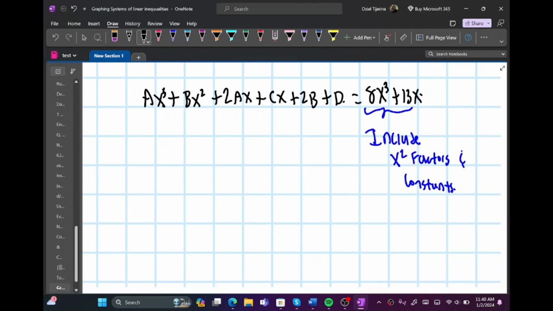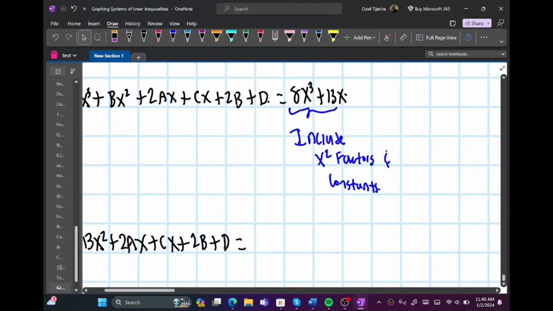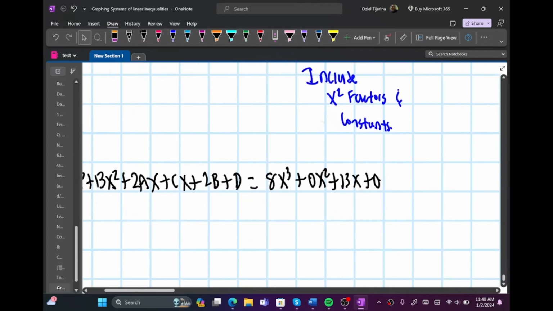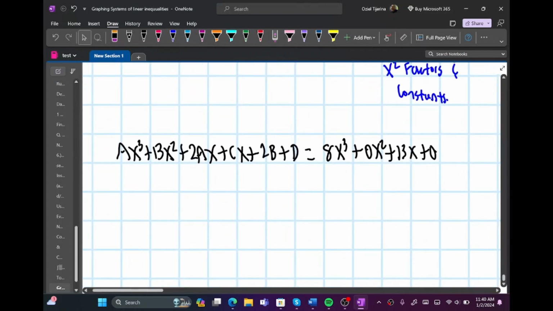Make sure you write it that way. So write this the following way. We have ax cubed plus bx squared plus 2ax plus cx plus 2b plus d equals 8x cubed plus 0x squared plus 13x plus 0. So that's what I mean. Make sure you write it x cubed, x squared, x, and then the constant.